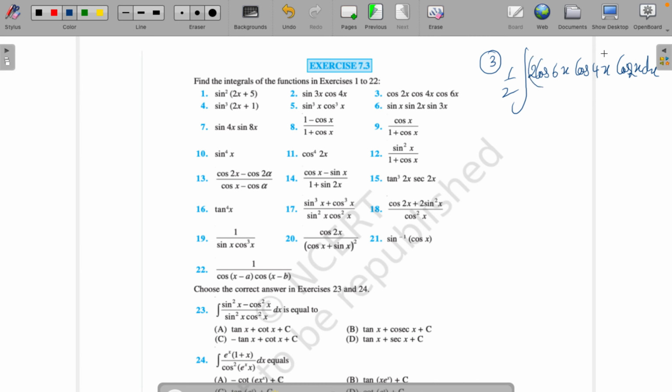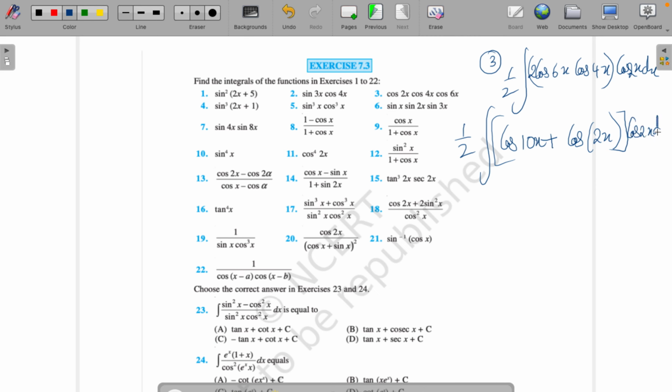So first of all, let's use the formula here: 2 cos A cos B. The formula is cos of A plus B, that is 6 plus 4, 10x, plus cos of A minus B, that is 2x.